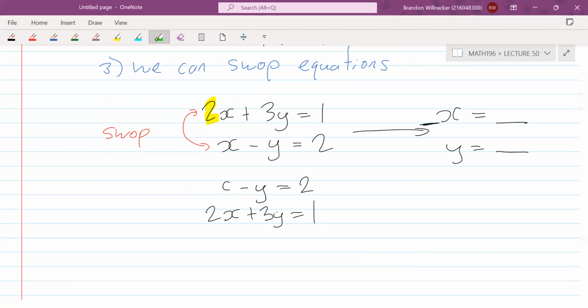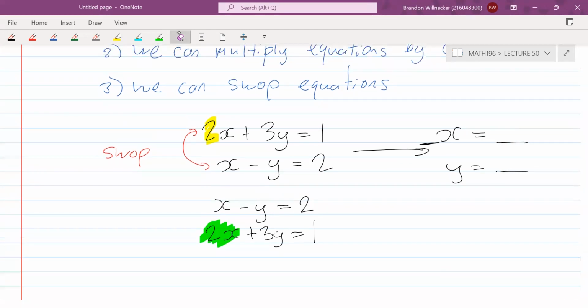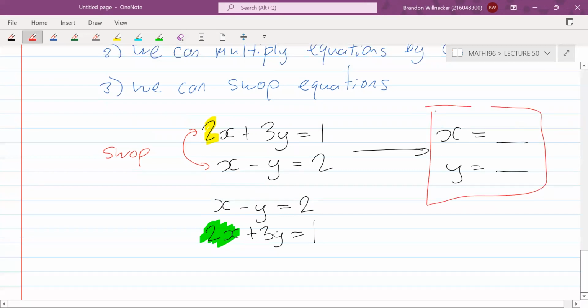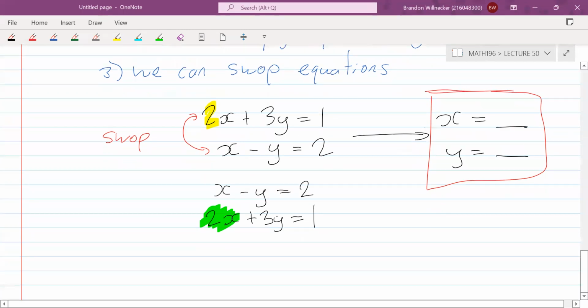Okay, let's just highlight that. We've got this 2x. If we look back at what we really want, remember this on the right-hand side, this is what we want. We see that the second equation doesn't have any x terms. It only has y. But what we have here is 2x. Okay, that's not going to work.